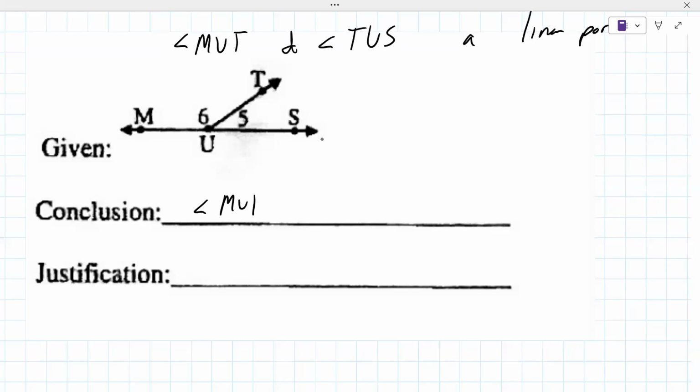Angle MUT plus angle TUS equals angle MUS, because part plus part equals the whole. So it kind of depends on what you're doing in the proof which one is correct and which one is not correct. All right, let's try a more basic one here.